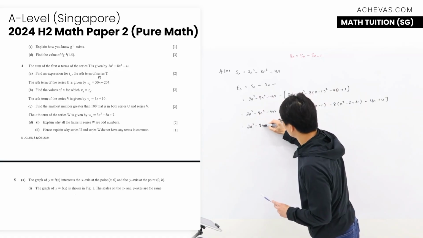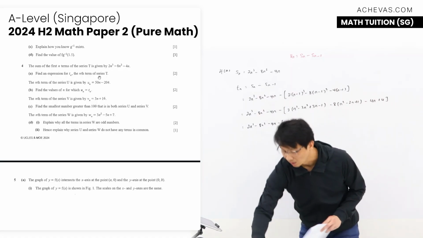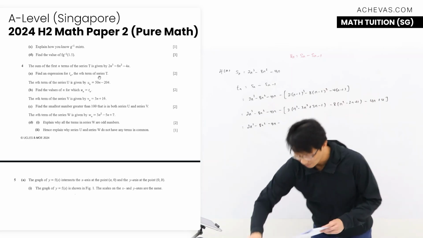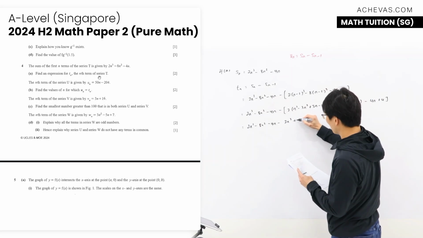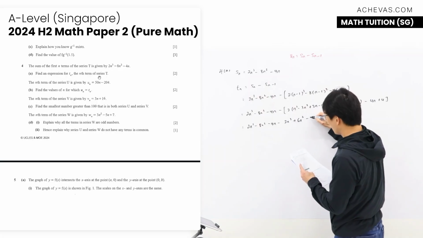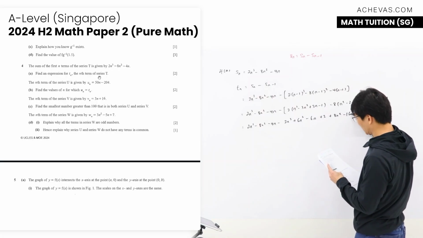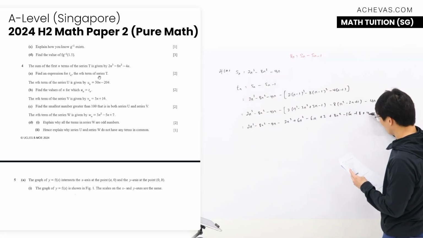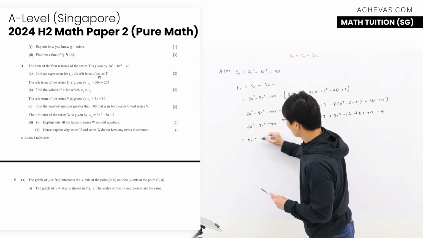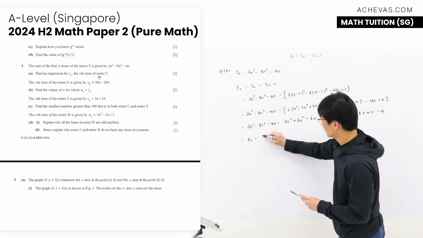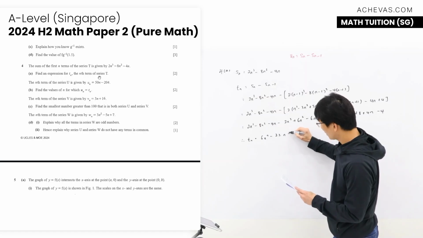Continuing to simplify, let's remove the brackets at the same time. We end up with 2n cubed minus 8n squared minus 4n, minus 2n cubed plus 6n squared minus 6n plus 2, plus 8n squared minus 16n plus 8, plus 4n minus 4. Therefore, the final result I get is Tn equal to 6n squared minus 22n plus 6.